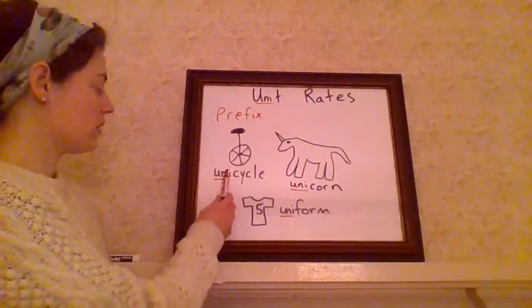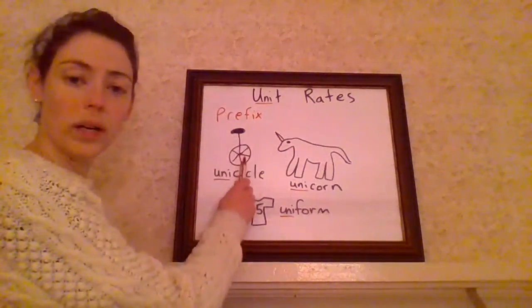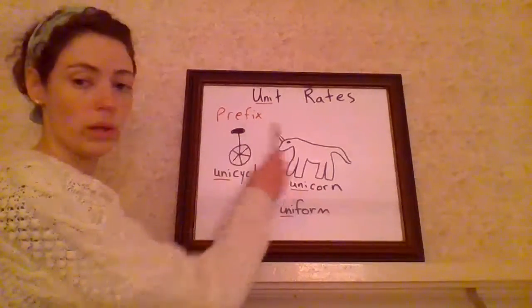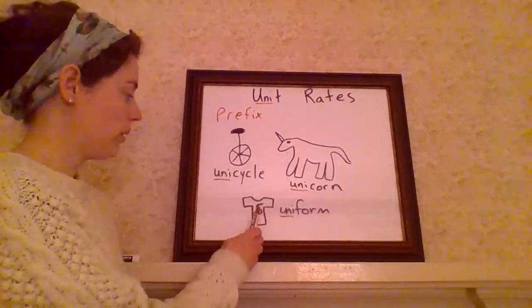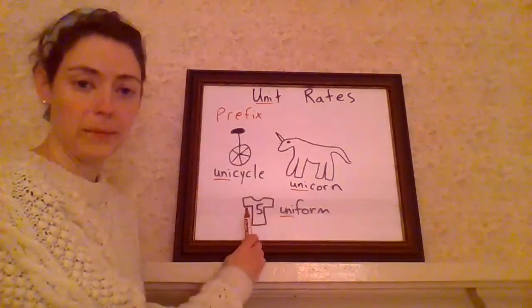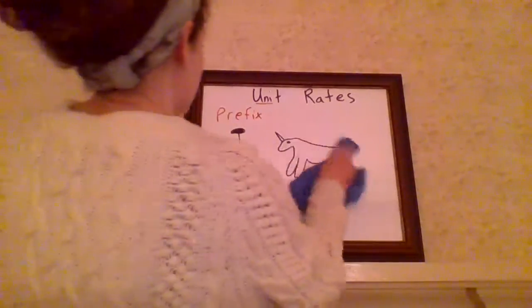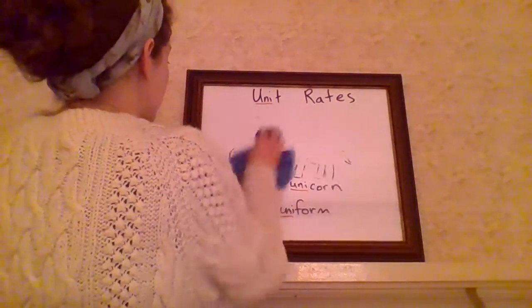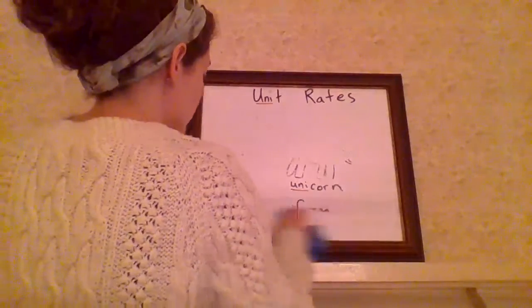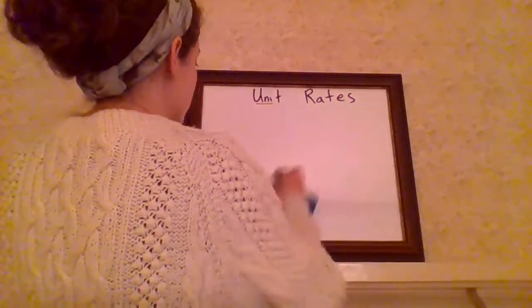What does it mean? So unicycle, one wheel. Unicorn, one horn. Uniform, everyone wearing the same thing. So uni means one. So a unit rate is when one of the numbers in the rate is 1.